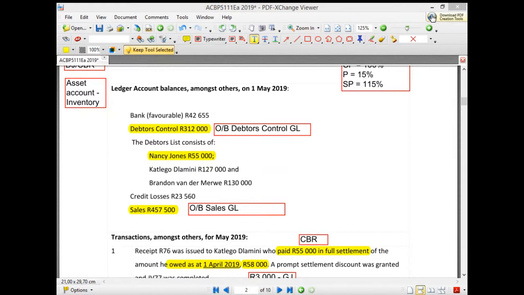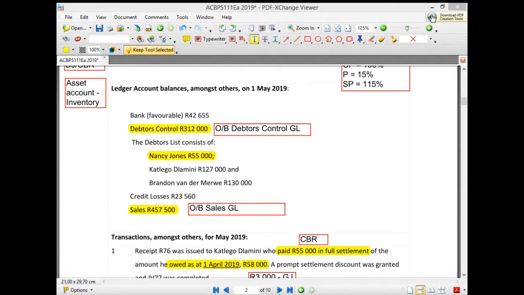Okay, now sales amount, what side is sales, opening balance, or totals that you bring forward? Sales is what type of account? It's owner's equity. Which part of owner's equity?